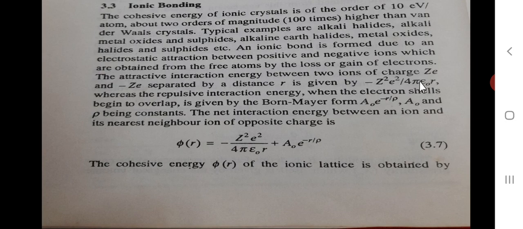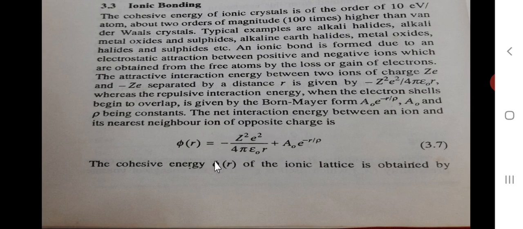Therefore, the total net interaction energy between an ion and its nearest neighbor ion of opposite charge is given by the equation phi of r is equal to minus of Z square e square upon 4 pi epsilon naught r plus A0 e to the power minus r upon rho.